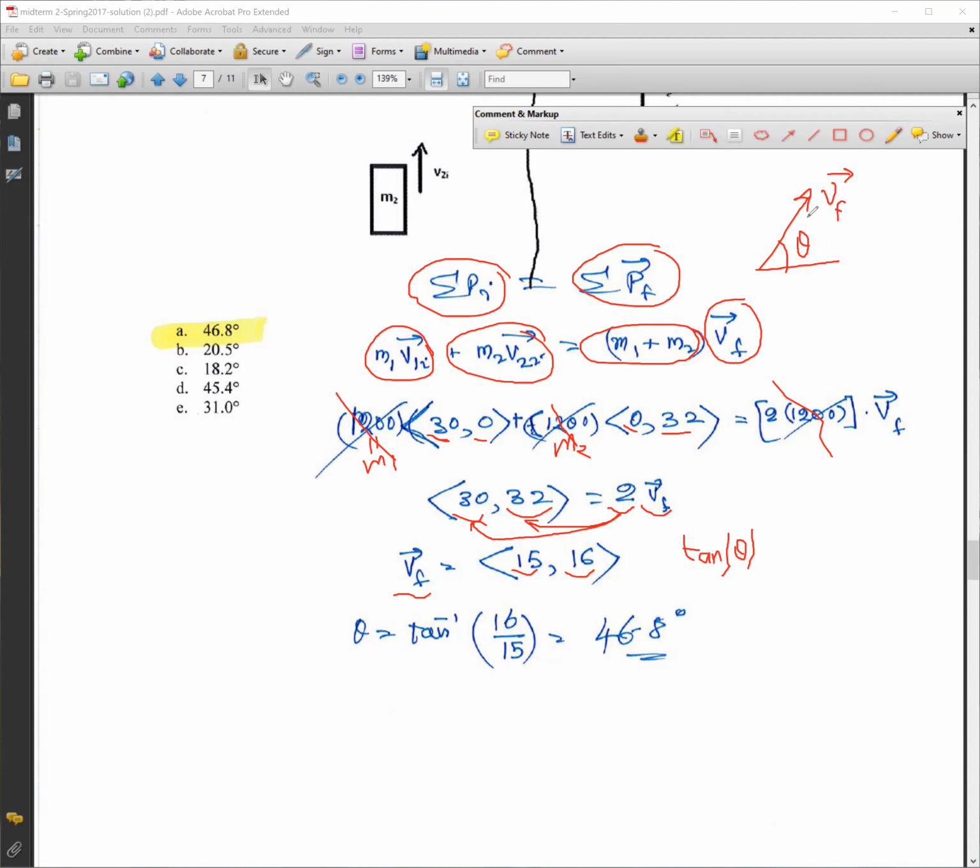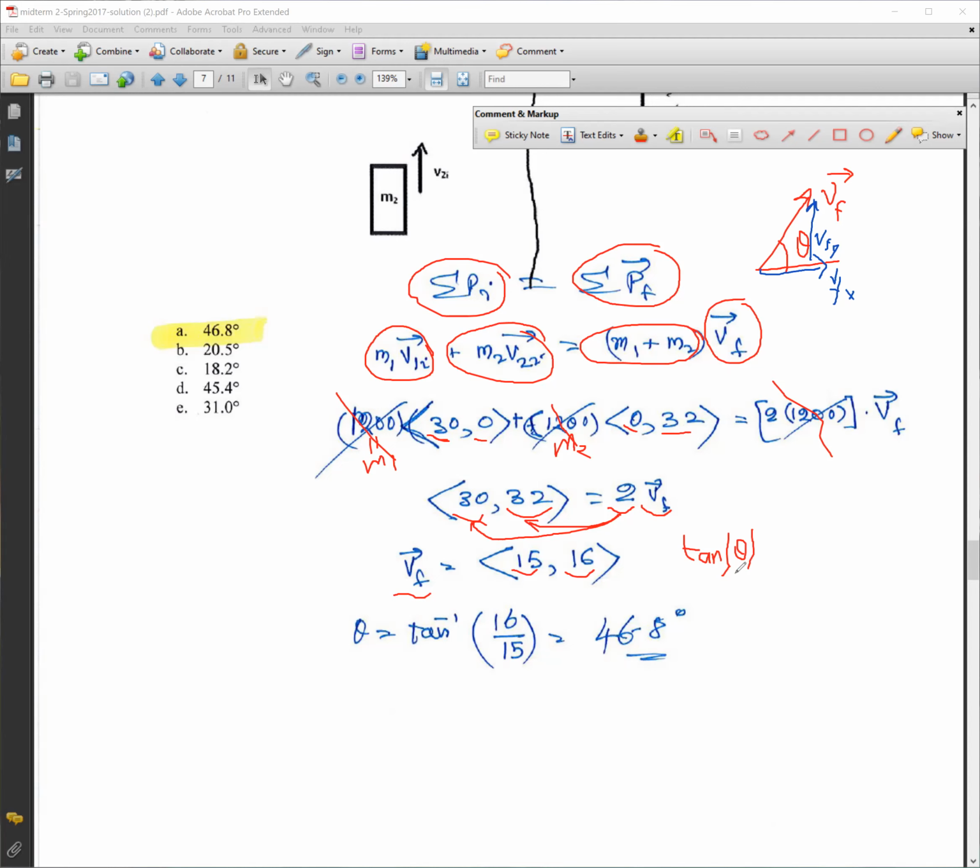So I have v final x, and if you project along y, you'll have v final y. The y component of velocity is the opposite side in this right angle triangle, and the vx is the adjacent.